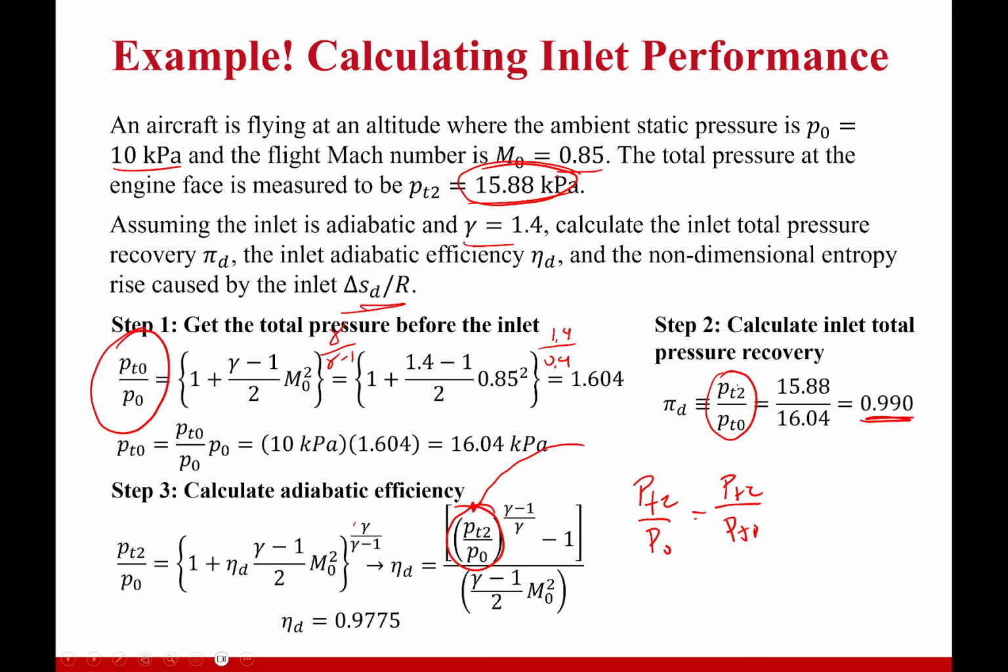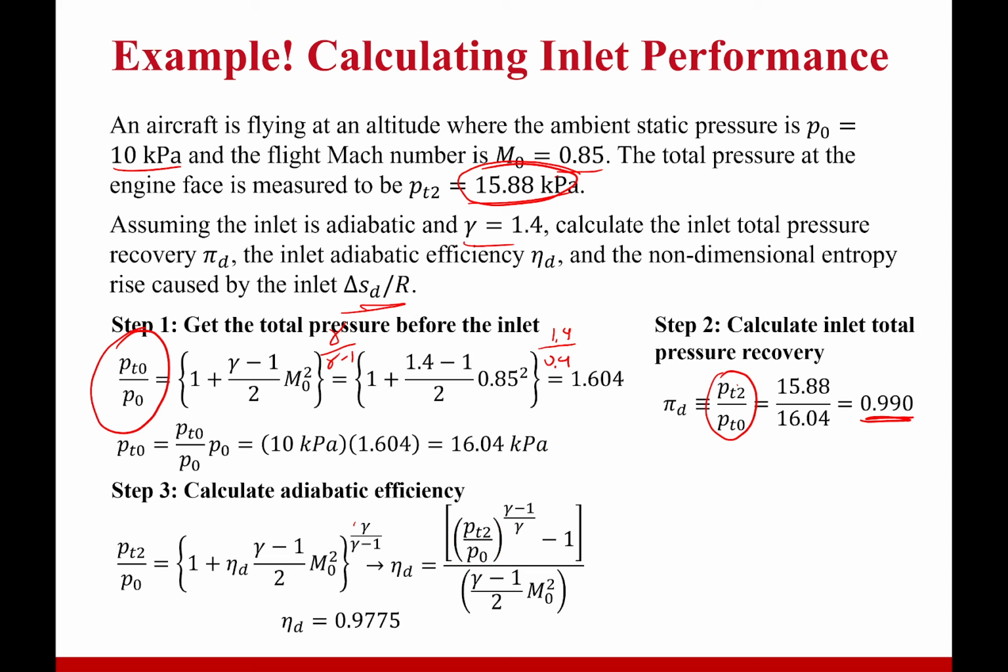Terrible handwriting, I apologize. So the PT naughts cancel, and I have what I'm looking for. That's how we find that ratio. We just use the other two ratios we've already calculated. Okay, so that's two down.